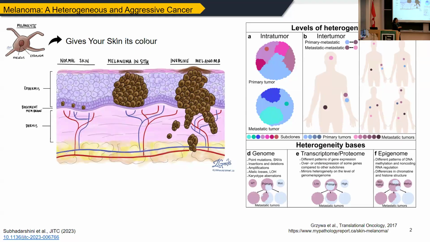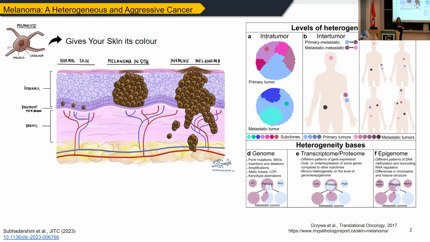So cutaneous malignant melanoma that arises from fully differentiated pigment-producing melanocytes is a highly aggressive and heterogeneous cancer, quite infamous for its invasive potential. Heterogeneity can be intratumoral or intertumoral, having distinct subpopulations, each with their characteristic molecular profiles and functional attributes.